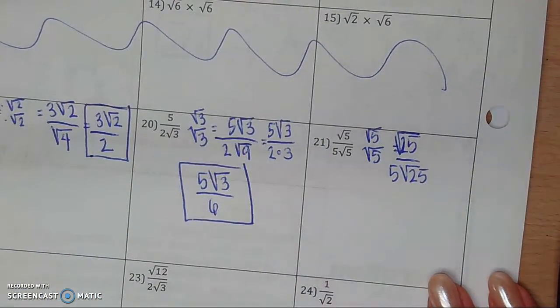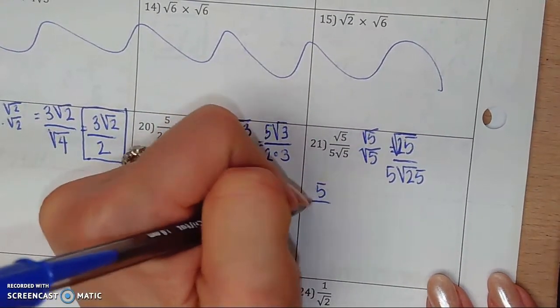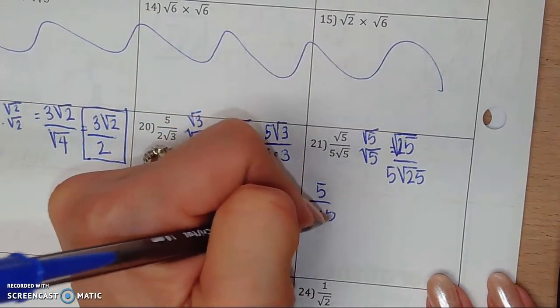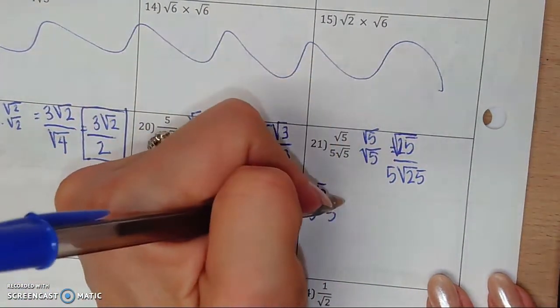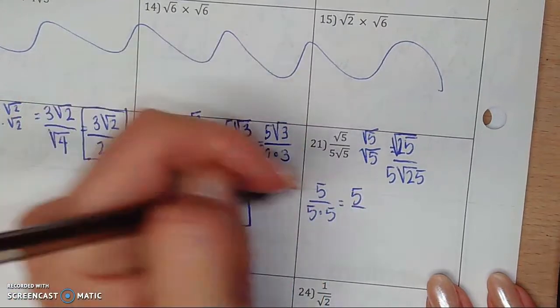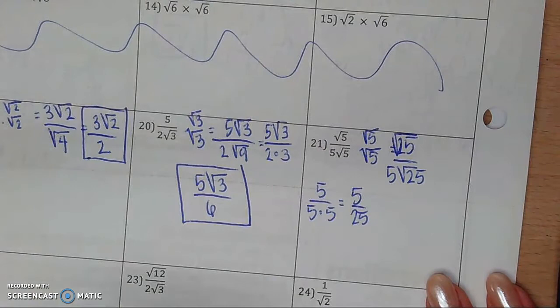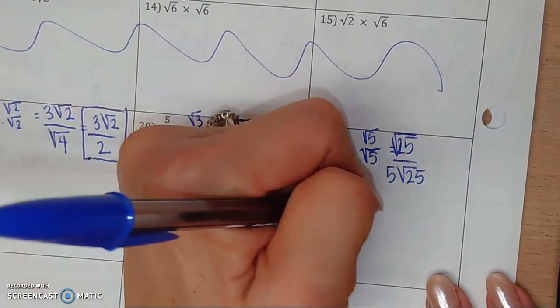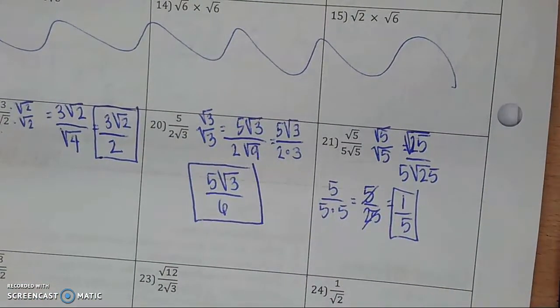Well, let's start taking the square root here. So the square root of 25 is 5. 5 times 5, because I took the square root of 25, that's where this 5 came from. And I'm left with 5 over 25. But that can reduce, right? They're both divisible by 5. So my answer is 1/5.